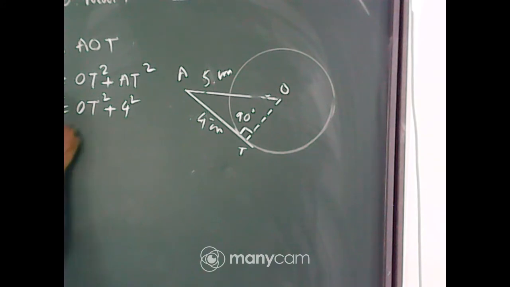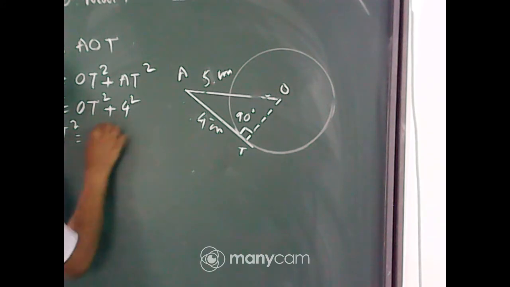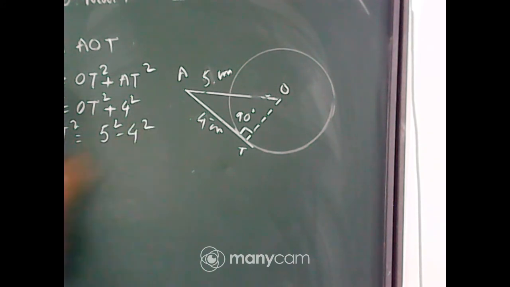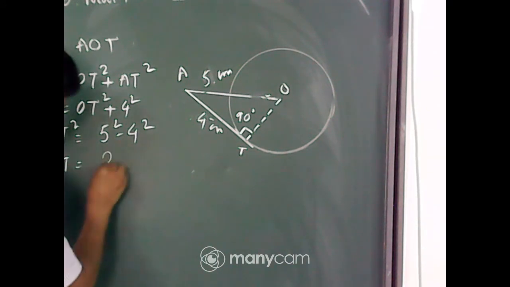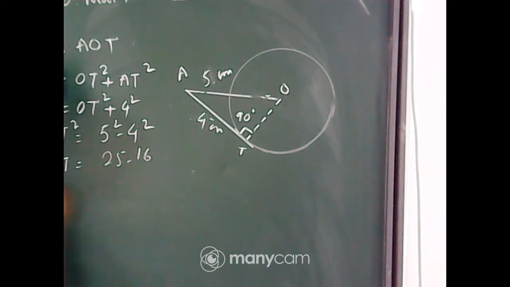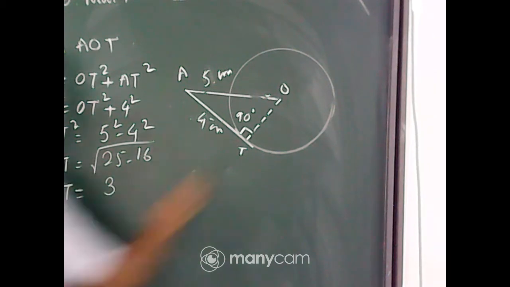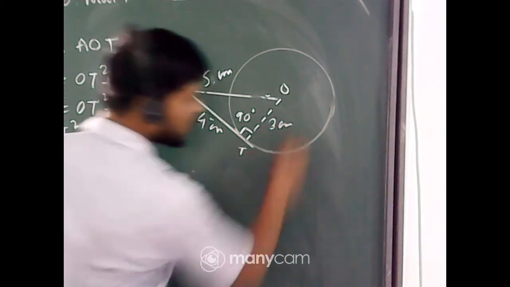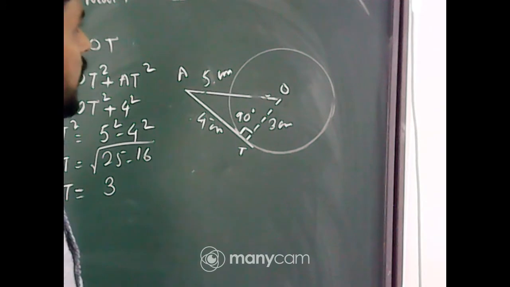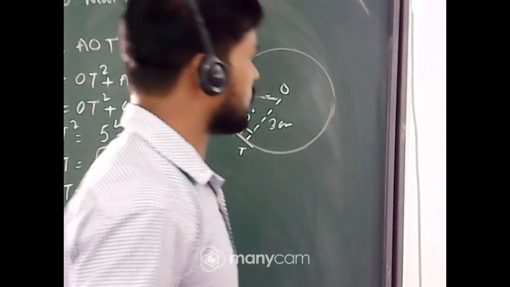From here OT square will be 5 square minus 4 square, that is 25 minus 16, so under root of that, OT is equal to root of 9, that is equal to 3. So radius of the circle is 3 centimeter. Yes, very good. Radius of the circle will be 3 centimeters.